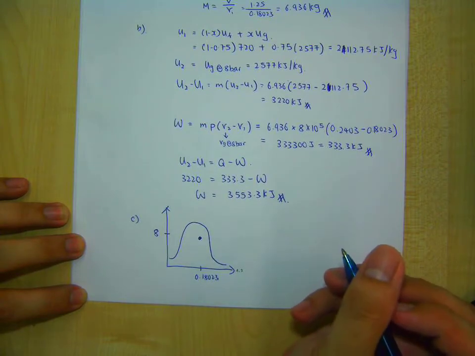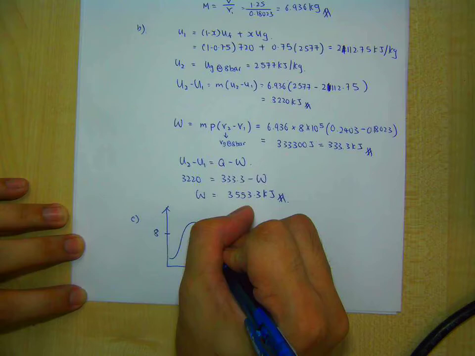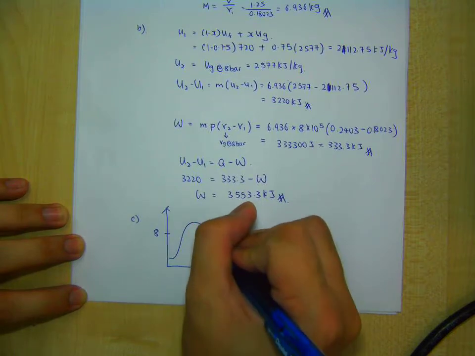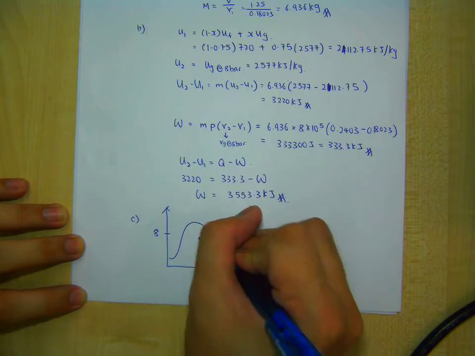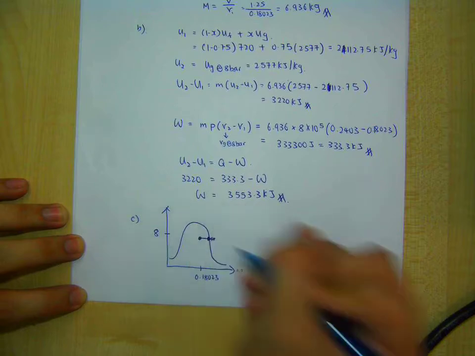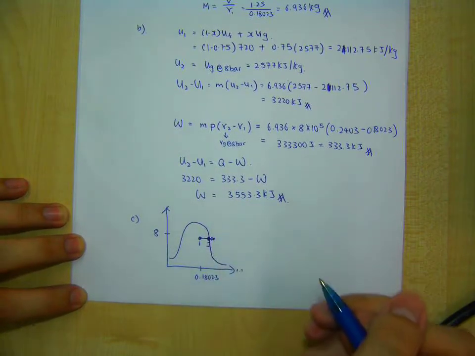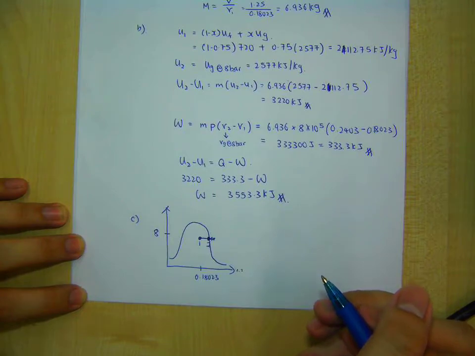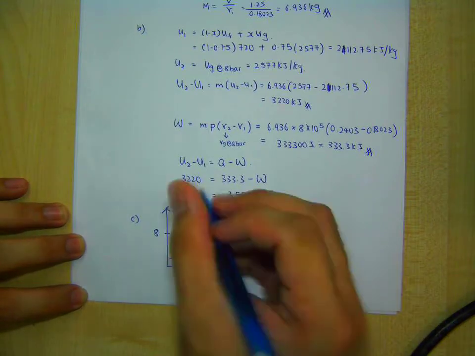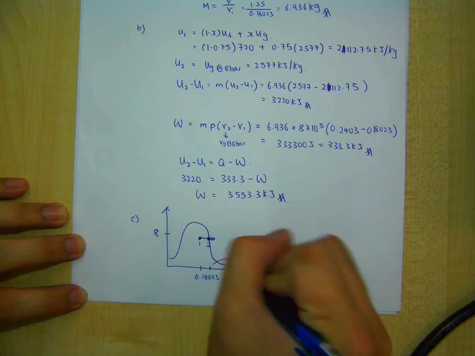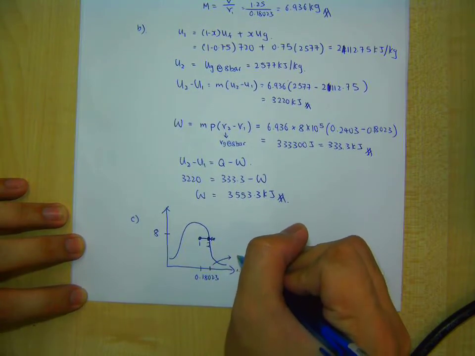Then it will go to superheated. Oh sorry, just dry saturated. It will go to here. So this is 1, this is 2. And plug in this one, our VG at 8 bar, which is 0.2403.